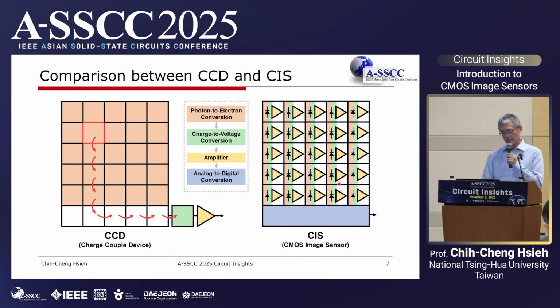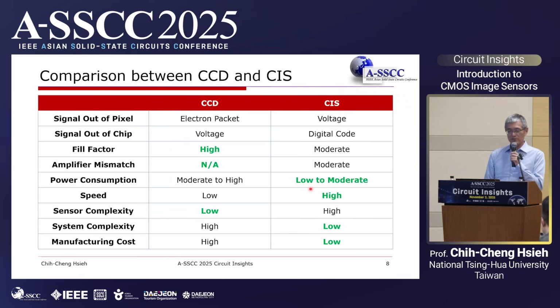In contrast, the CMOS image sensor implements the photodiode circuit, digitization, timing, and everything on the same chip because it is CMOS process compatible. So let's do a simple summary of these two technologies. For CCD, the main difference is the signal type or signal domain. Basically, the CCD uses charge as the signal output out of the pixel.